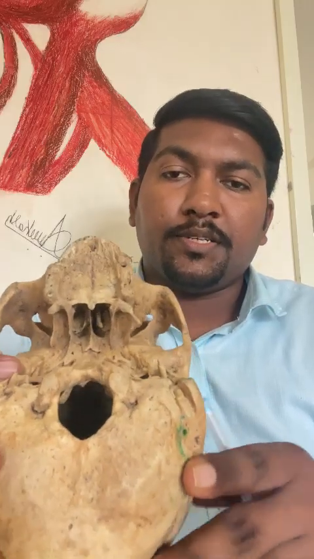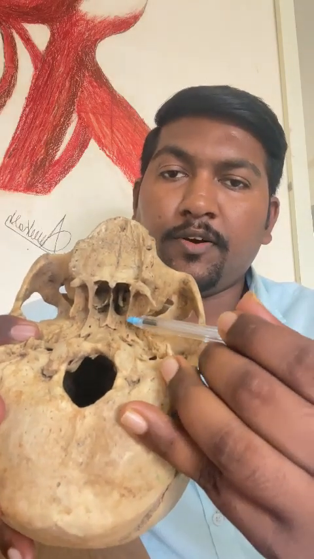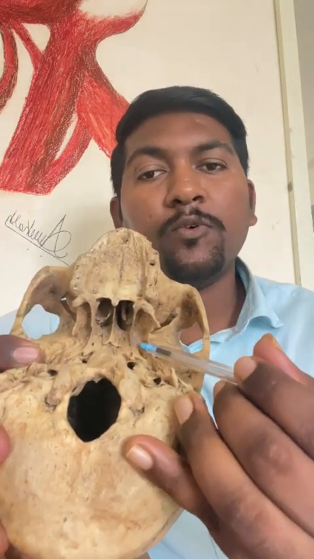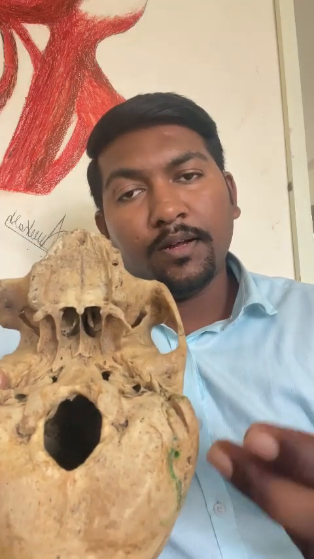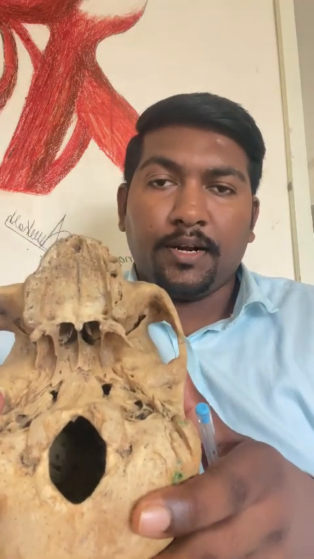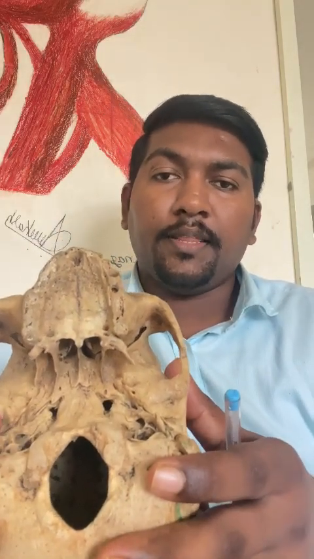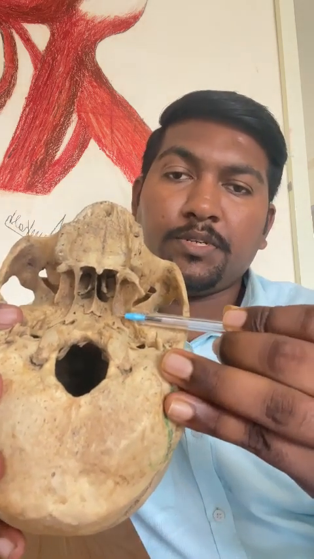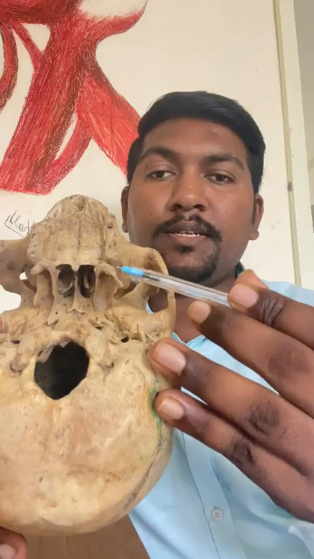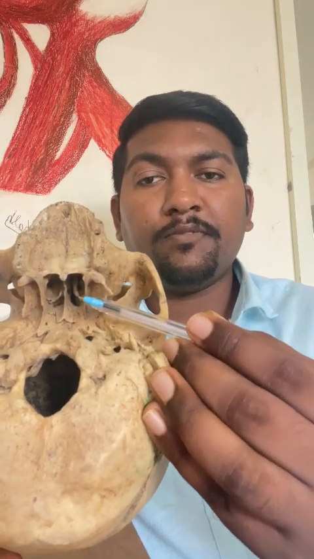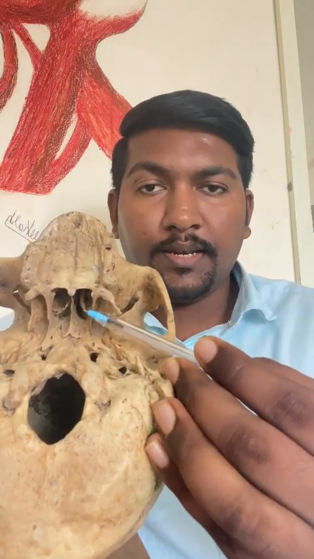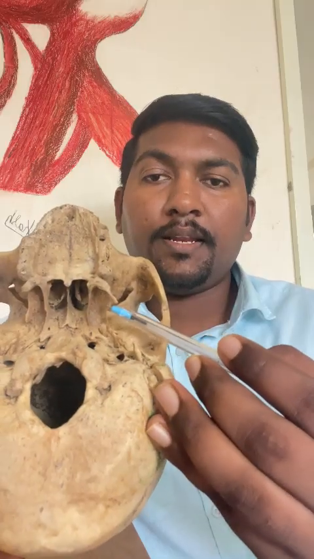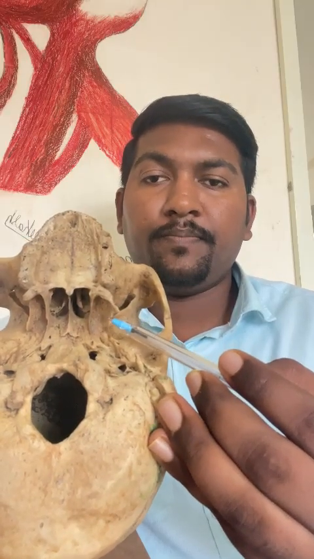The pterygoid process projects downwards from the junction of the greater wing of the sphenoid and the body of the sphenoid bone, and it divides into two plates, the medial pterygoid plate and the lateral pterygoid plate.